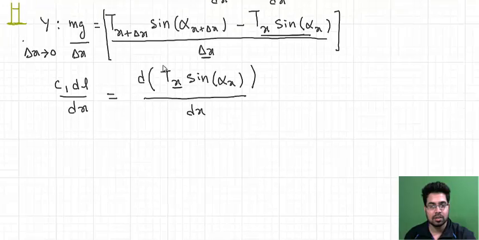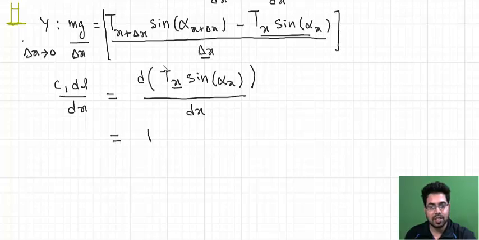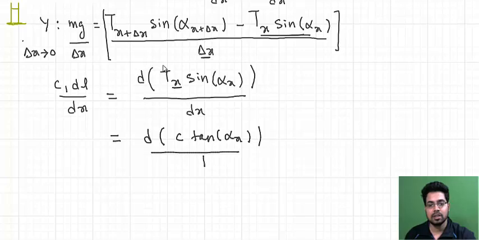If I replace T_x by c over cos alpha x, this would become equal to differentiation of c tan alpha x by dx, and here we are having c1 dl by dx.